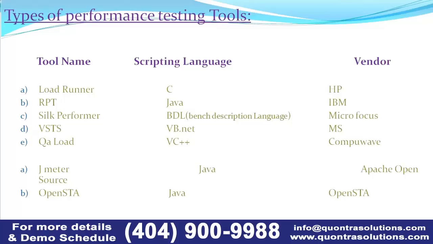So open source tools are also available, like JMeter and OpenSTA. LoadRunner, RPT, Silk Performer and VSTS are all licensed tools, whereas JMeter and OpenSTA are the open source tools available in the market.